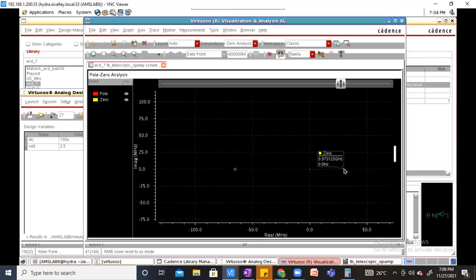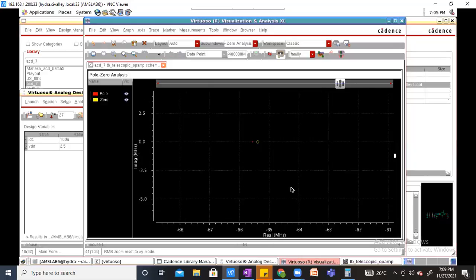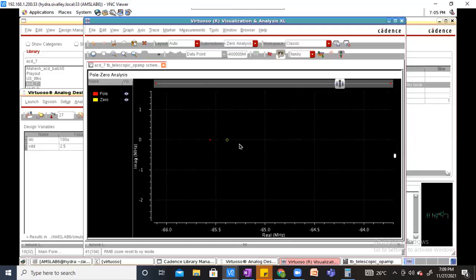Essentially these two. You can see there is only one dominating pole here, and there is one more pole and zero at some frequency, but that is cancelled out. Pole and zero are at the same location, so this will cancel out.